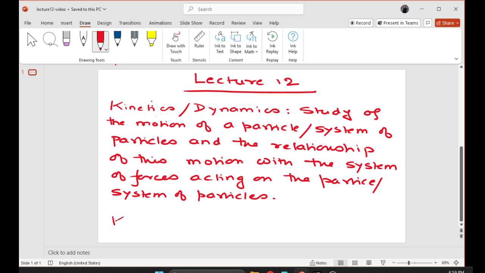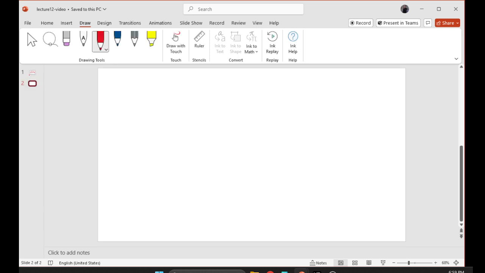As far as the kinetics of a single particle is concerned, Newton's second law gives us that relationship.